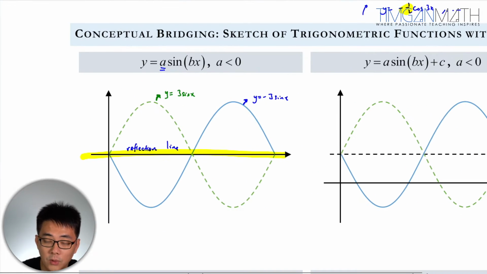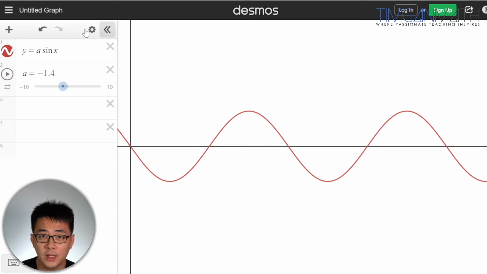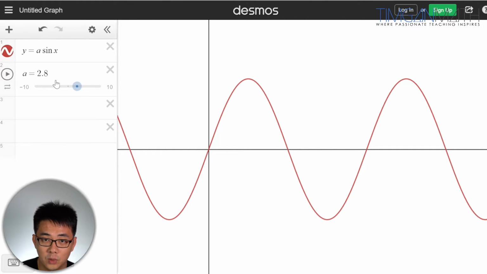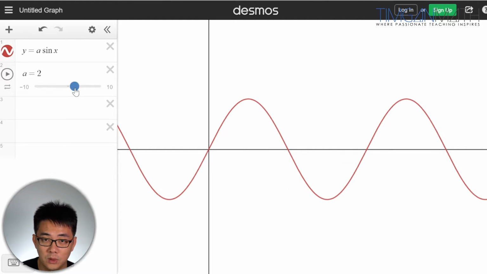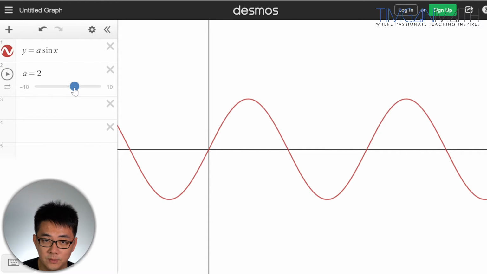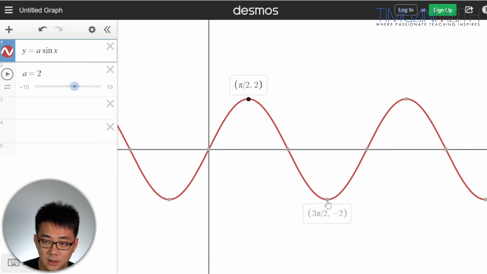So how do we actually visualize this? Look at this very carefully. This a is a positive value here. Let's say a is 2. We already learned this: if we put this as 2, the peak here will be 2, and the trough here will be negative 2.